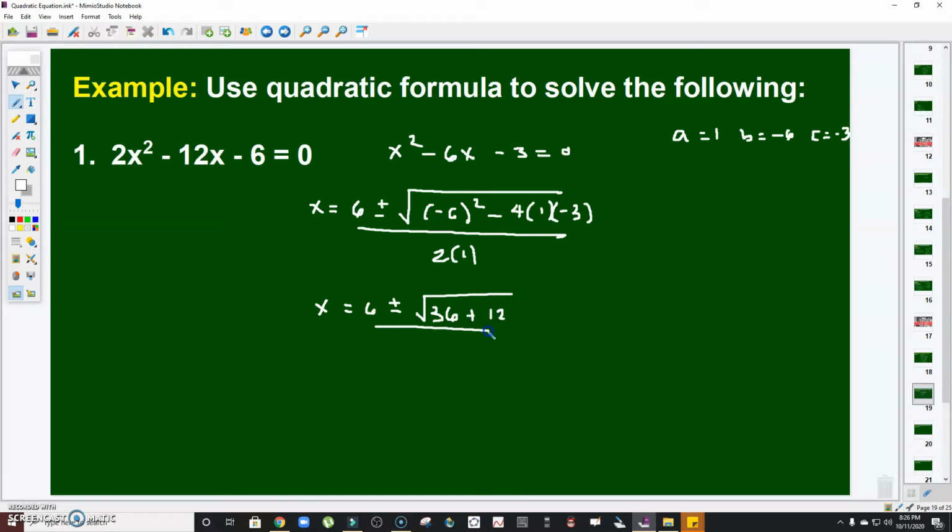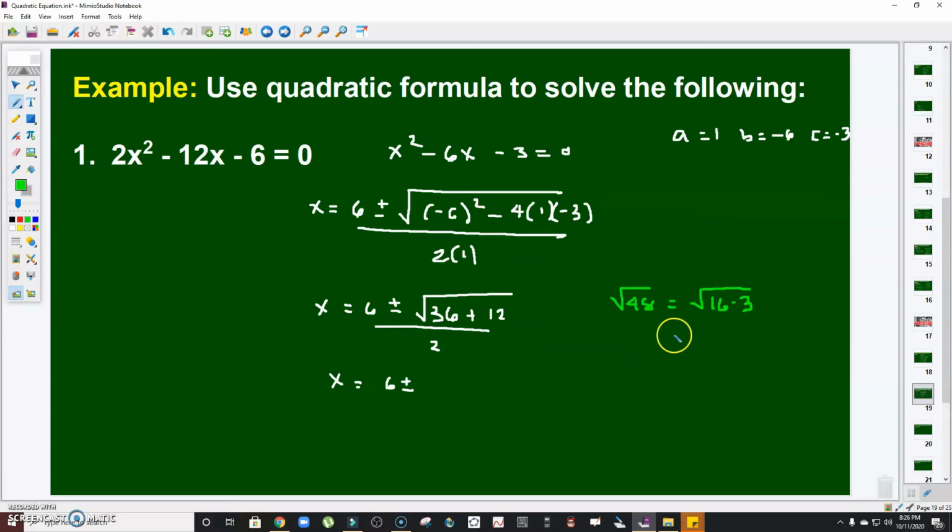So therefore, take note, I have here square root of 36 plus 12, which is square root of 48. But take note, the square root of 48 is equivalent to square root of 16 times 3.